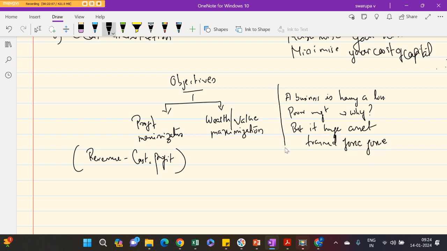Now, if this business is available for sale, a buyer might not just see this loss. A buyer might be interested in buying this business. Why? Because he sees that the net worth of the business is more than this profit or the loss. There is huge asset, there is a good trained workforce.